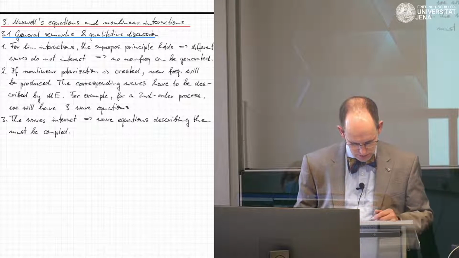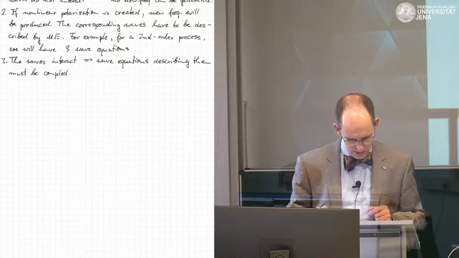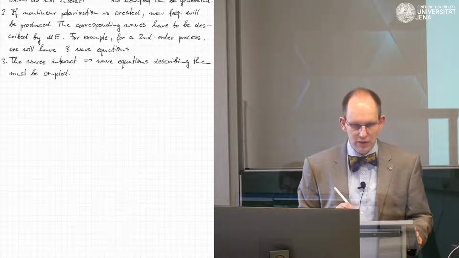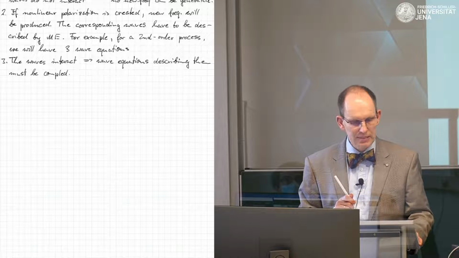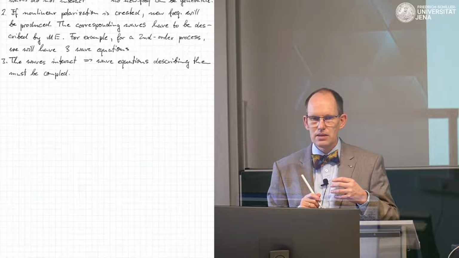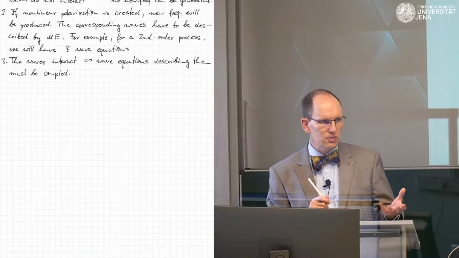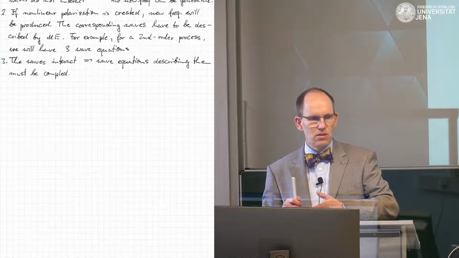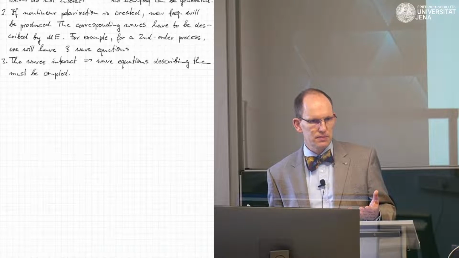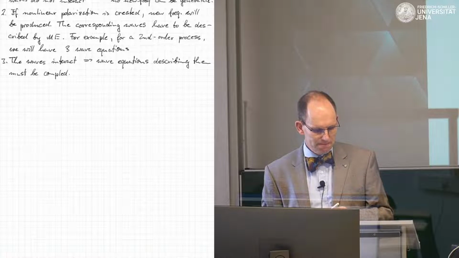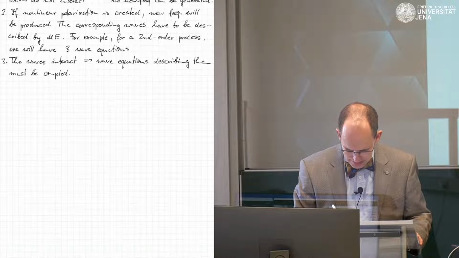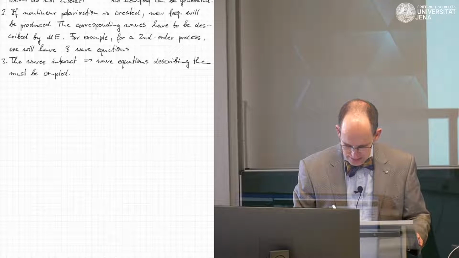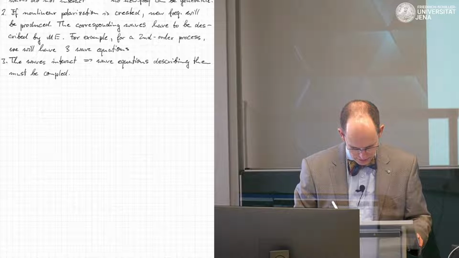So that's what we have to expect, but we have to expect actually more. We have to expect that there's interference between all these three waves. And this is the large subject of phase matching.